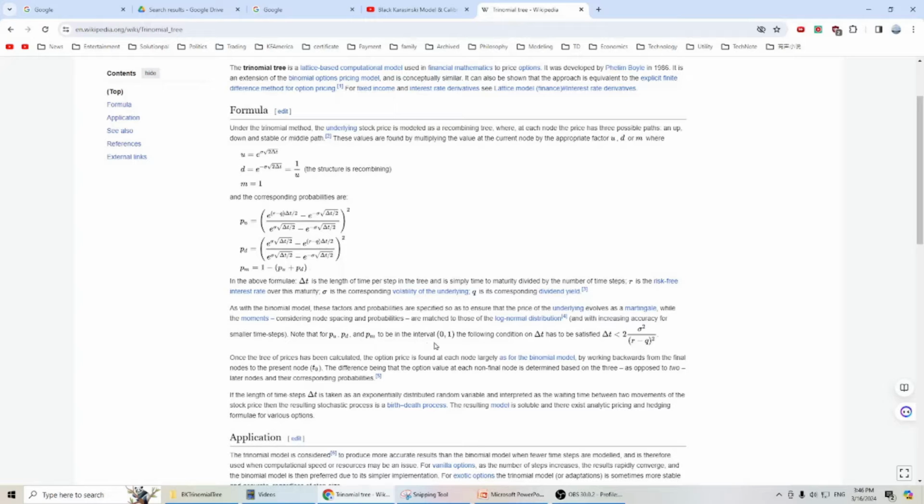So they should all be between 0 and 1. So there are certain limitations for this sigma as well. Of course, you have to consider the relationship between sigma and r in order to satisfy this equation.